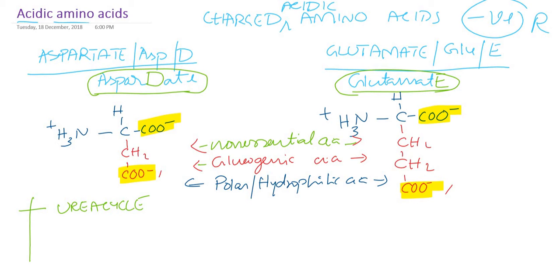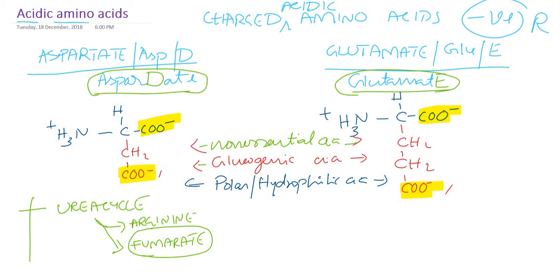This amino acid is utilized and helps in the synthesis of the semi-essential amino acid arginine and one more compound called fumarate. So aspartic acid is involved in the urea cycle and helps in the synthesis of arginine and fumarate, which will enter the citric acid cycle. That is the importance of aspartic acid.